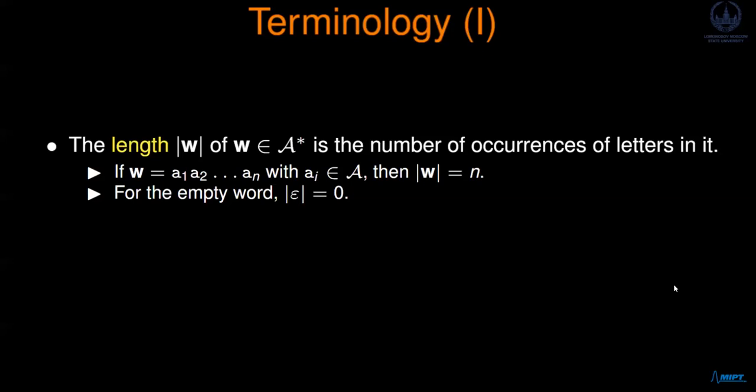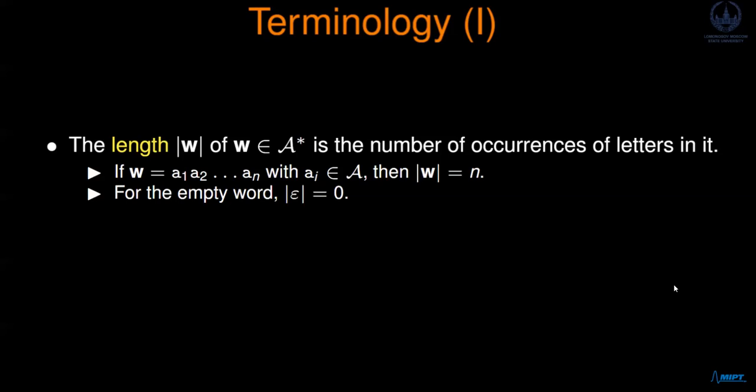For instance, in the word ABC, the length is three because it consists of three letters. In formal terms, we would say that the absolute value of ABC is equal to 3. Additionally, for the empty word, which contains no letters, the length is defined as 0.